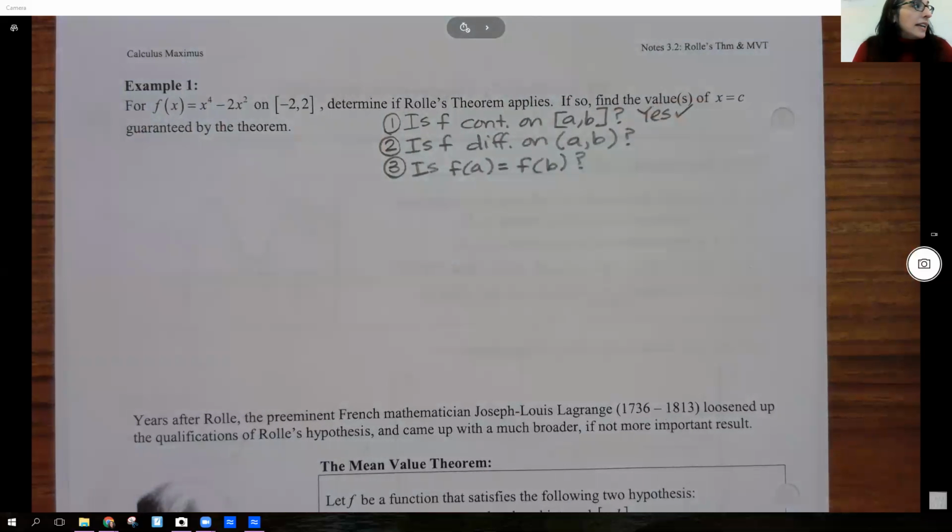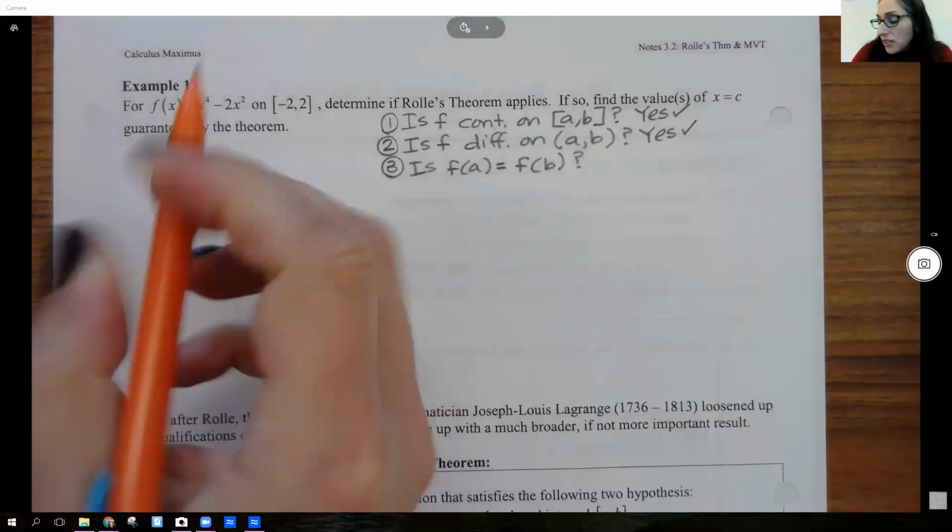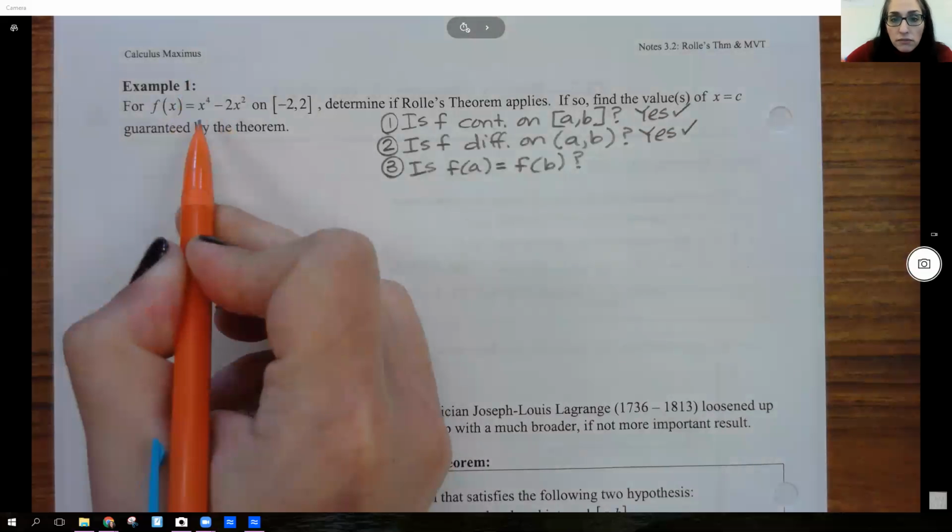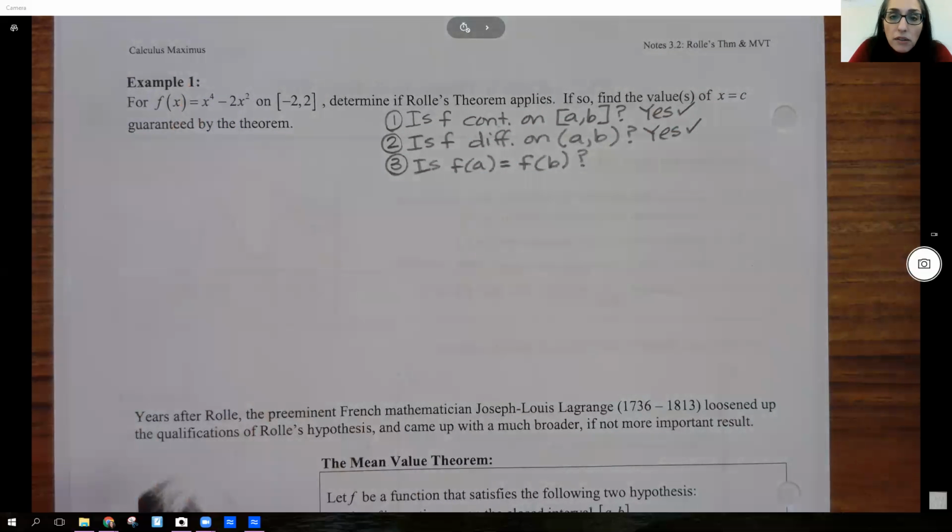Number 2, is f differentiable? Can we take the derivative on the open interval from A to B? Yeah, absolutely. We can take the derivative everywhere. This is just going to be a 4th degree polynomial. It's smooth, continuous.